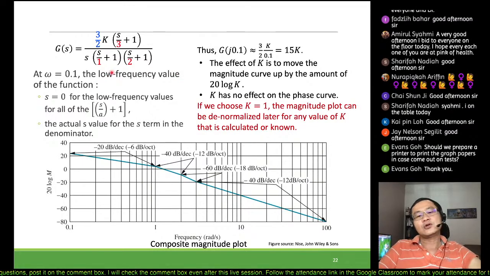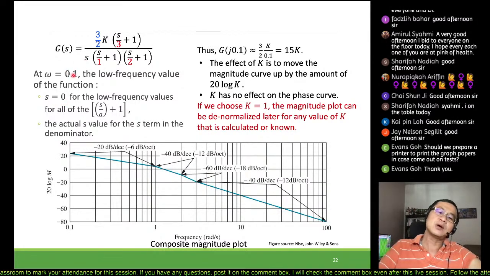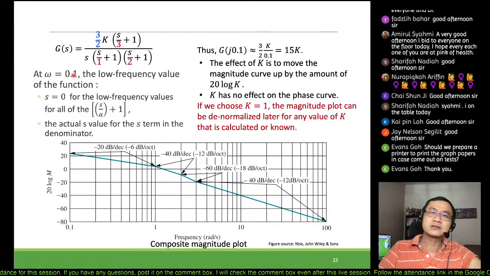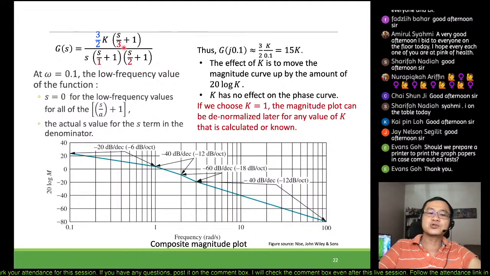Then the low frequency value would be as such, where we put s equals to 0. Even though this is 0.1, we consider it a low frequency, low enough such that s equals 0. So for all these terms, for zeros and poles which are non-zero, we will take s equals 0.